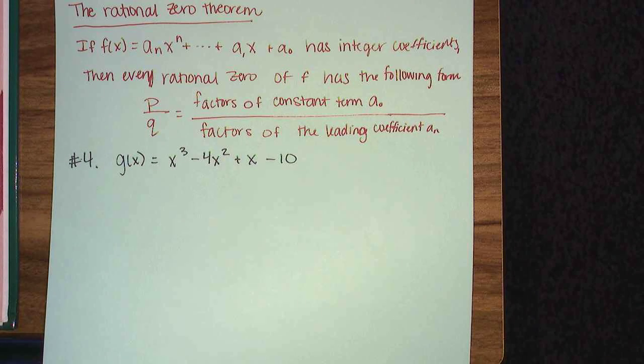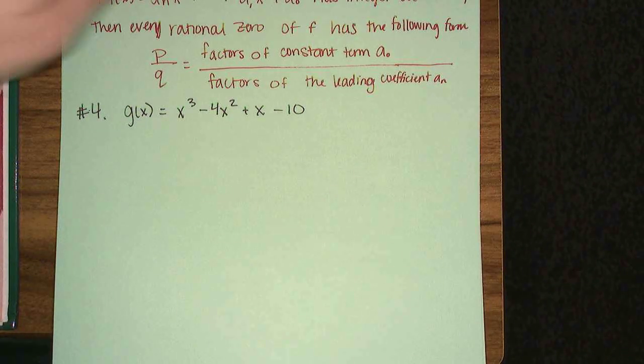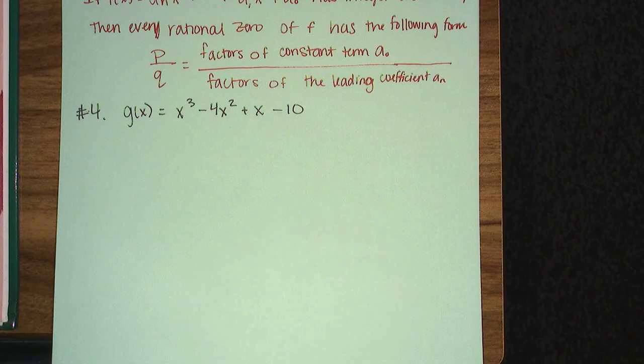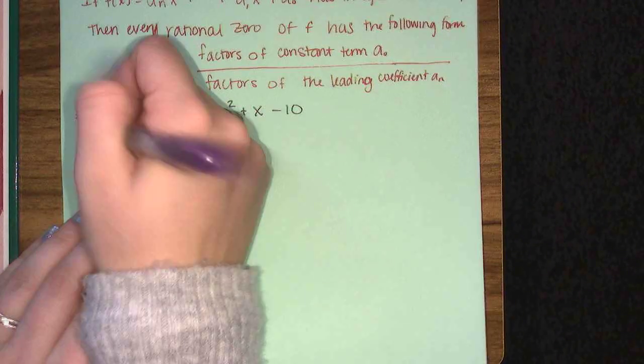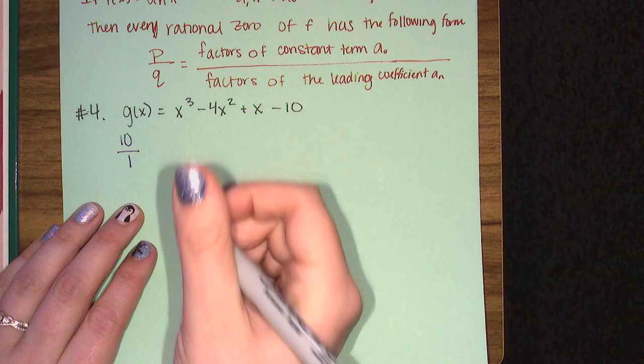And if it's missing terms, that doesn't matter for these ones. Well, yes, when you do the synthetic division, but it's not relevant for this first part. So we have 10 over 1.